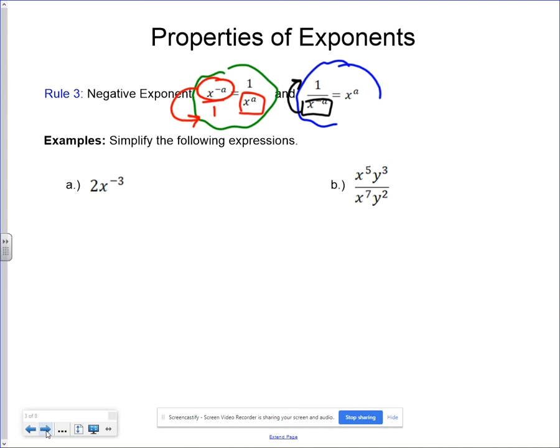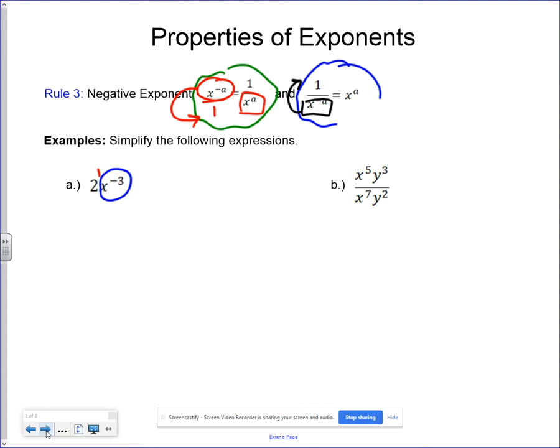Alright, so let's look at these examples. Simplify the following expressions. Well, if we look at A, why is A not simplified? Because it has a negative exponent. What has the negative exponent? The x does, not the 2. What's the exponent on the 2? It's a 1.